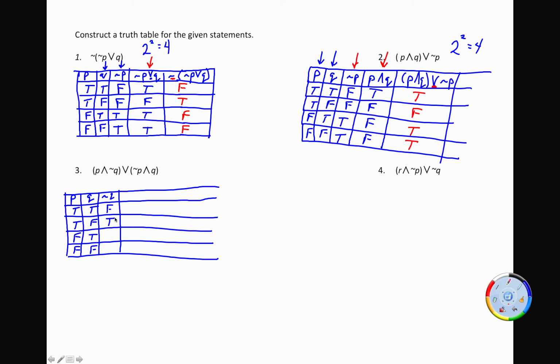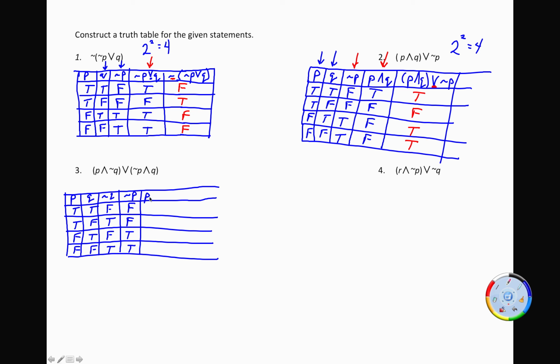So false, true, false, true. I also have a not P. So I'm going to write everything the opposite that's in the P column. False, false, true, true.